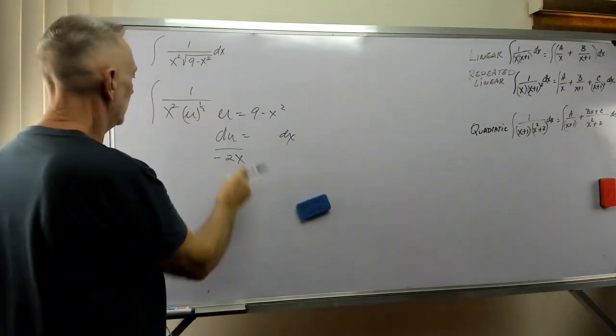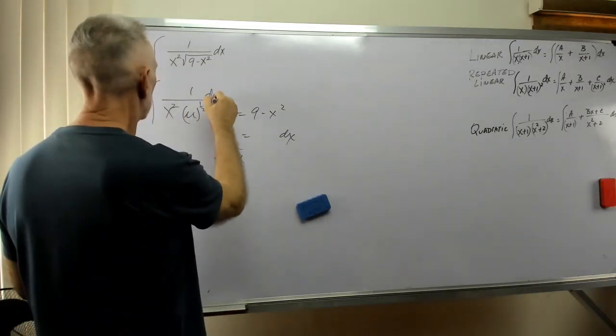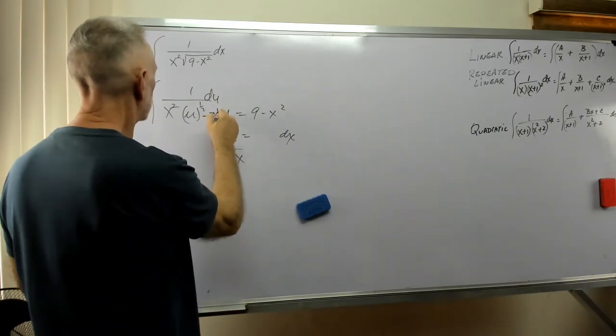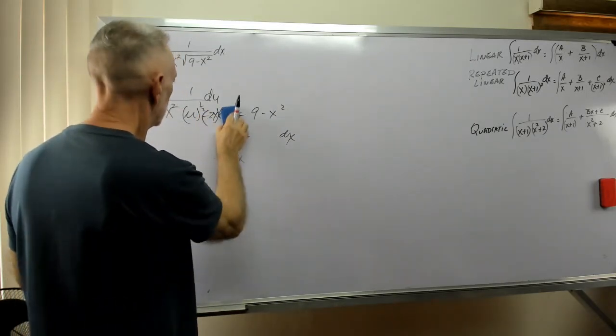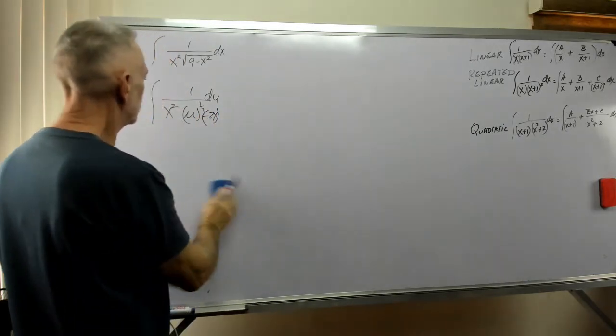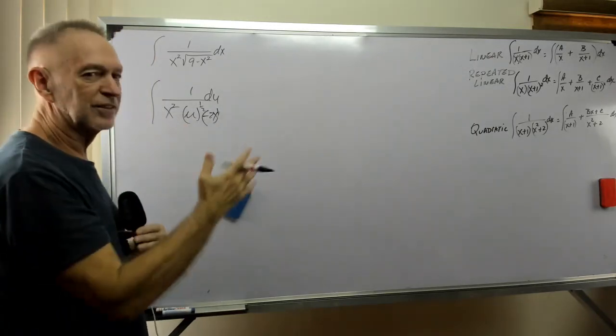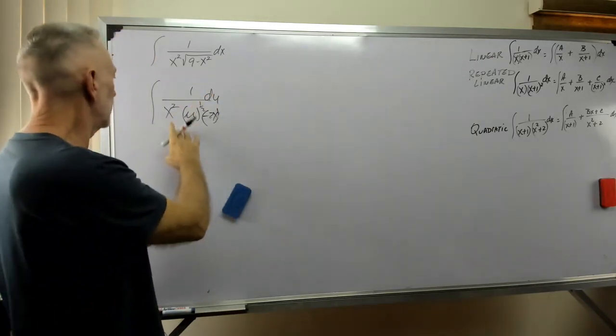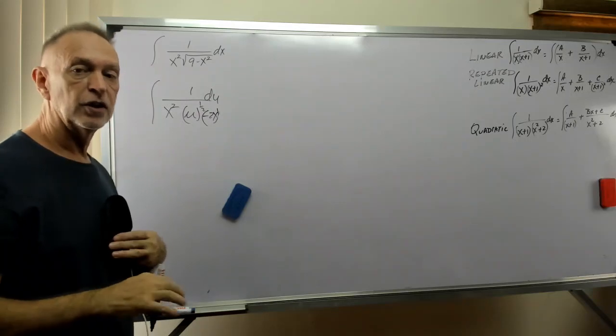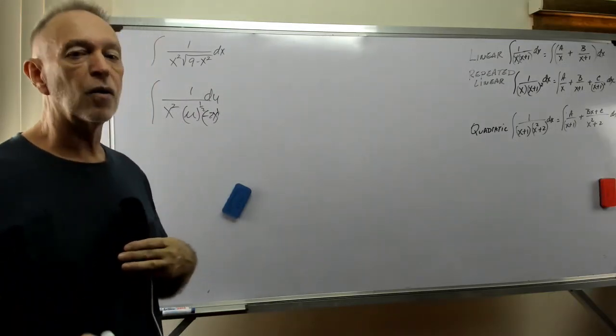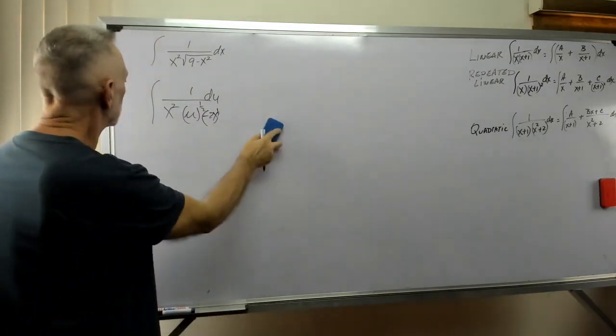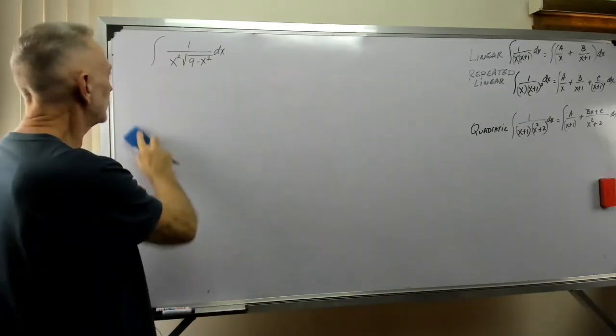But I have now du over minus 2x. It's getting ugly here. You can see nothing cancels. I'm in the u world and also have x values. So u sub does not work. So let's move on to trig sub.